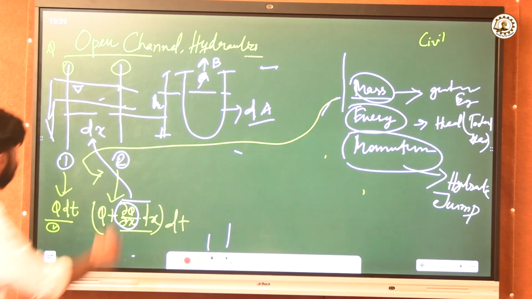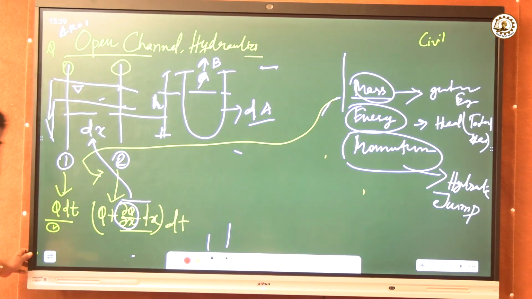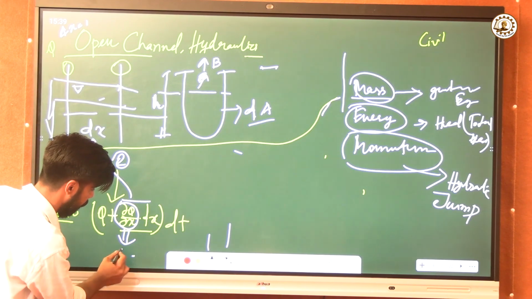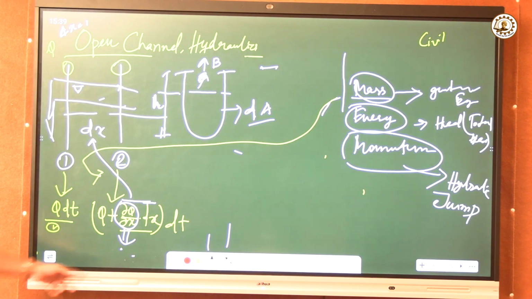Now if del x becomes 1, for a unit del x, the partial change of discharge is this. So if the length is dx, what will be the total change? This.